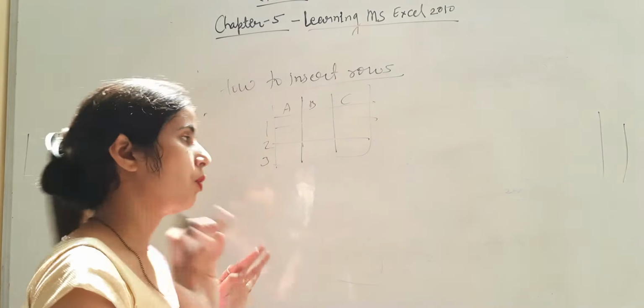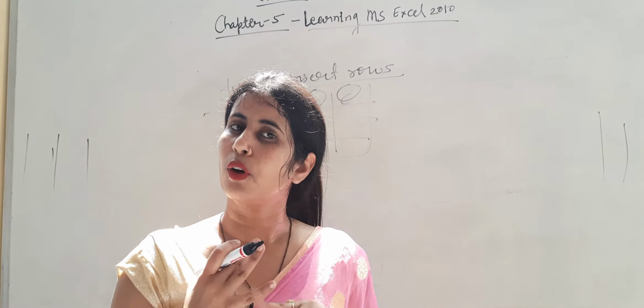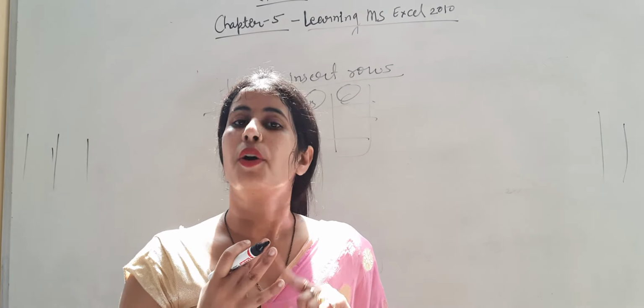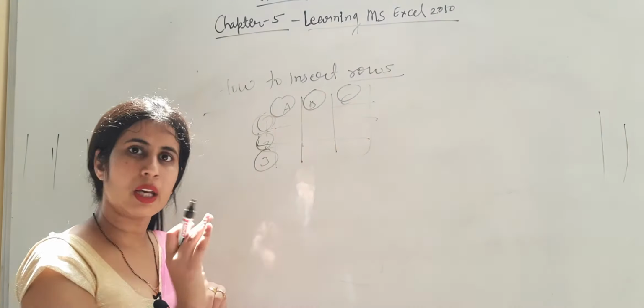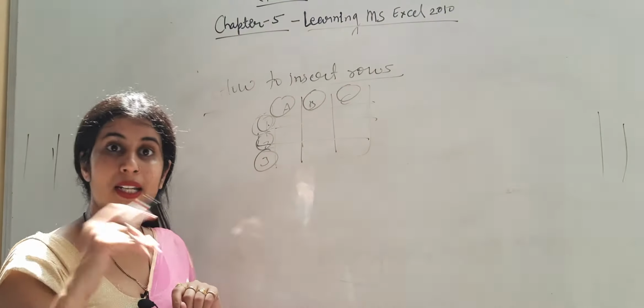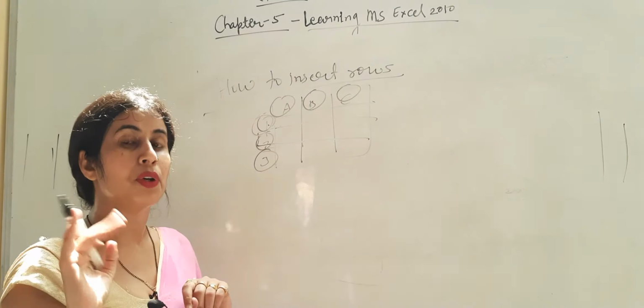So I have to click the row heading. These are the row headings: 1, 2, 3 are the row headings. A, B, C are the column headings. The letters are column headings and the numbers are row headings. So I have to click on any of the row headings. I will click here, and if I want to insert, I will right click.